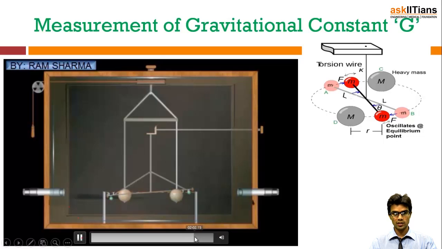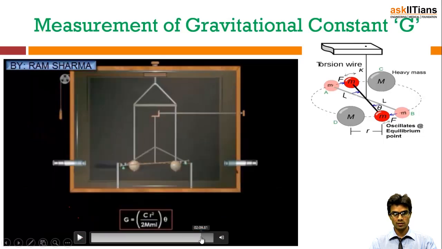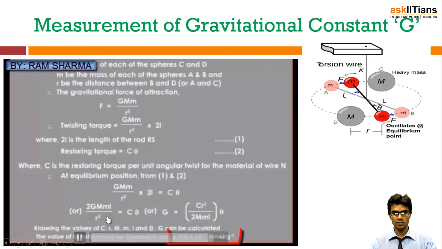It can be calculated using this. I am going to derive this in the next page, so you will see it in detail there. So this is the setup, these are the pictures of this video.